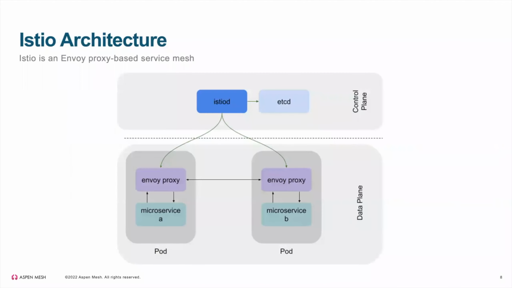So what does Istio actually look like? It's actually fairly simple from an architectural perspective. Istio has two different components in its simplest form. It has a control plane, which is exactly what it sounds like, much like the Kubernetes control plane. There's a component called Istio D, or a pod called Istio D, which does really all of the control functions within the service mesh. And there's a data plane, and a data plane is really comprised of running workloads and also what's called a sidecar proxy, which is a container that runs within the same pod as the service.